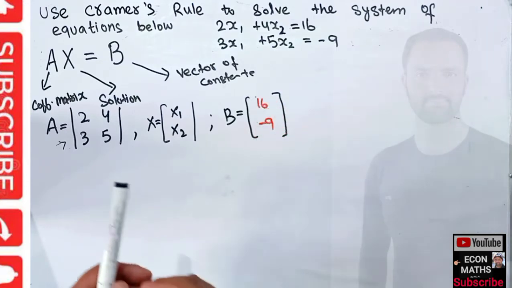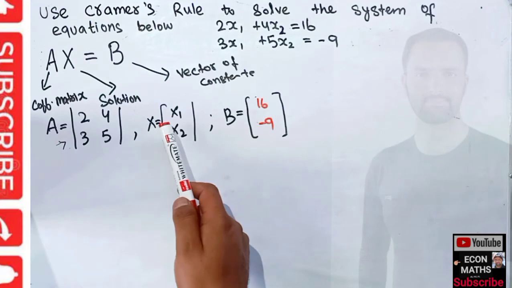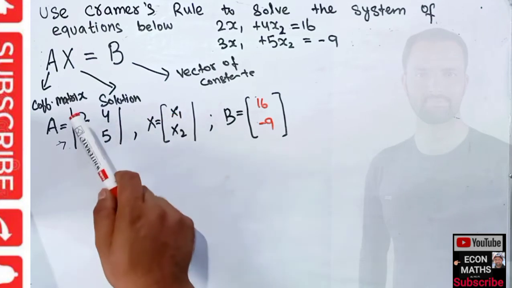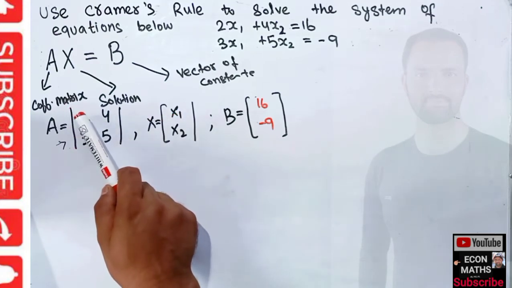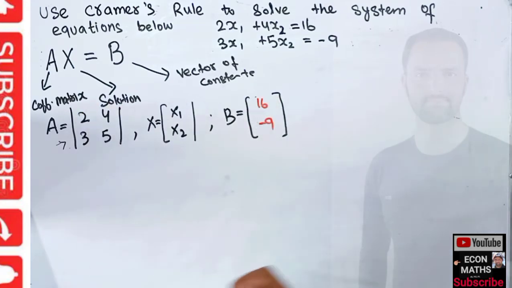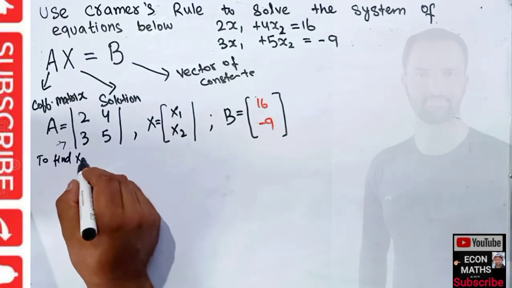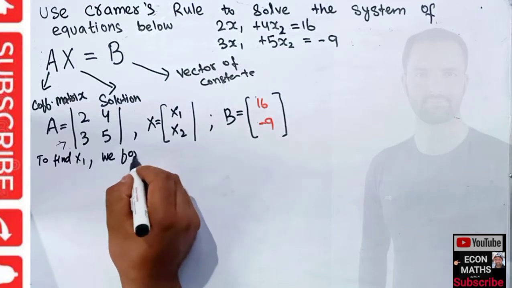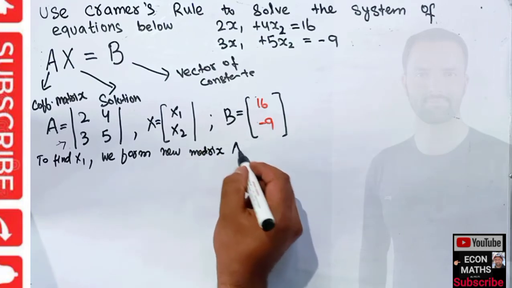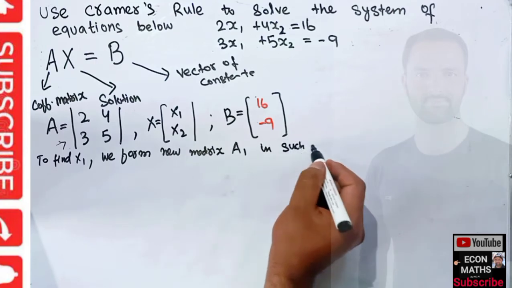I repeat, to find the value of x1, we form another matrix, let us say A1, in such a way that we replace the first column of the coefficient matrix with the vector of constant terms.